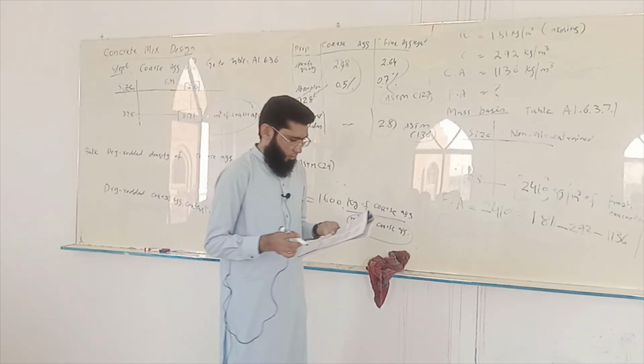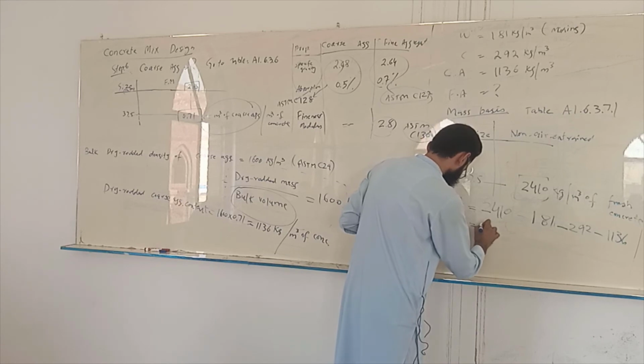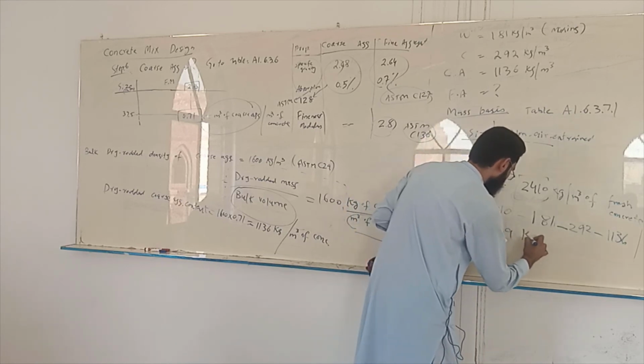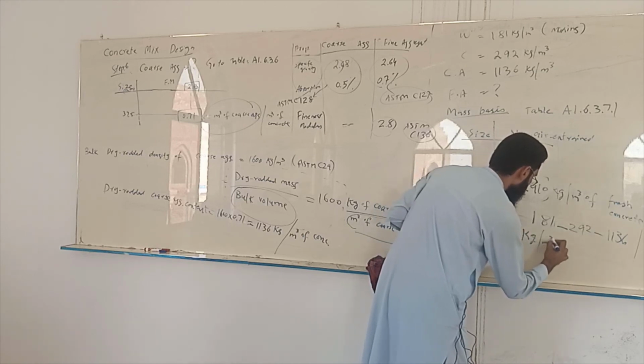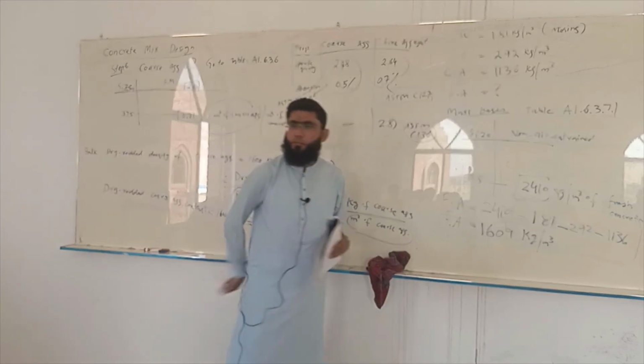So you get 1609 kgs per meter cube of concrete. So you have decided the fine aggregate as well. Yes, sir.